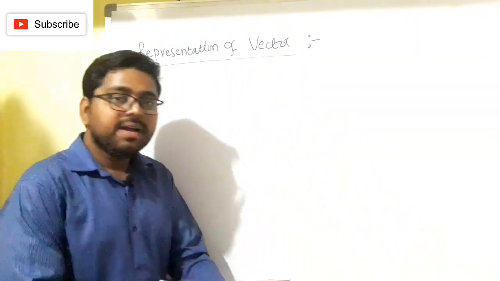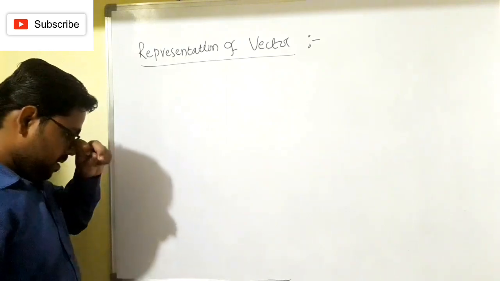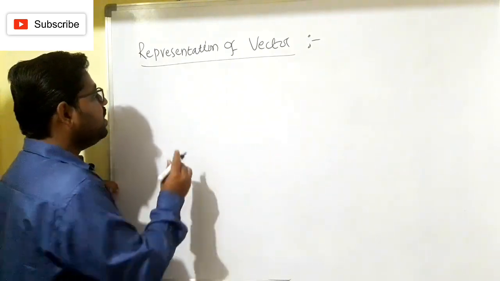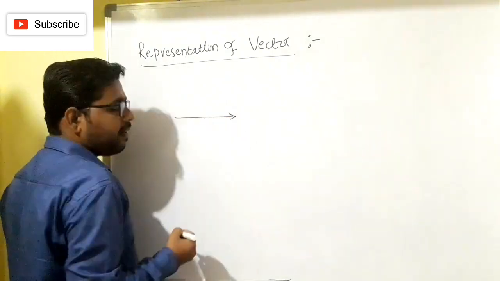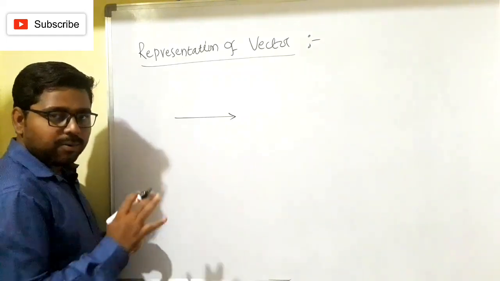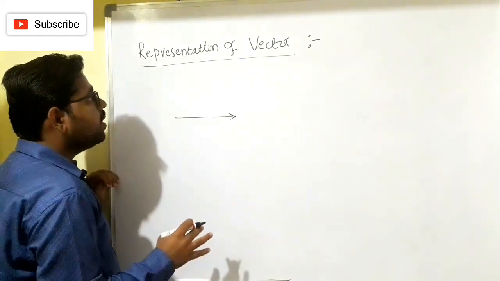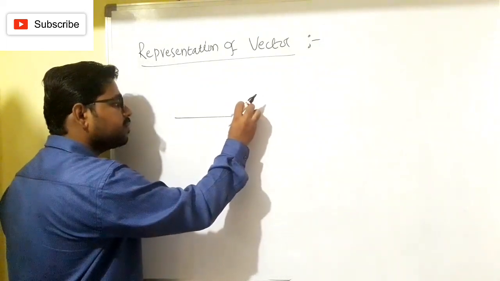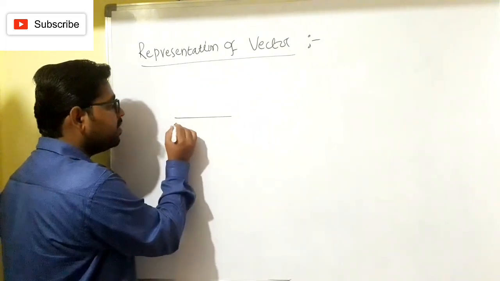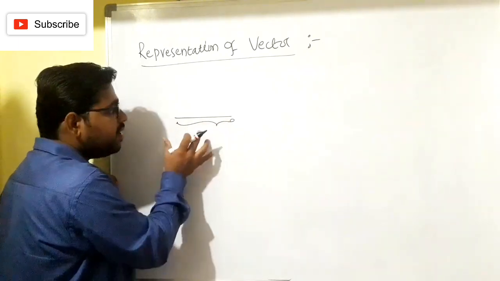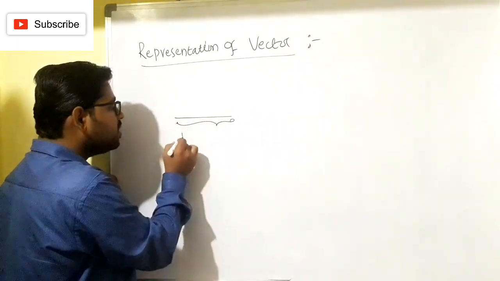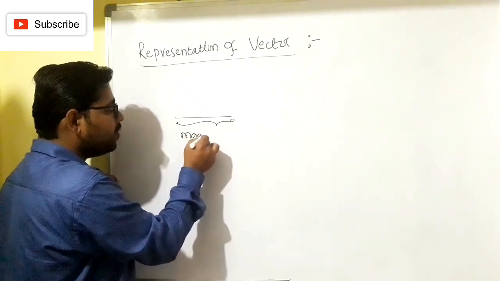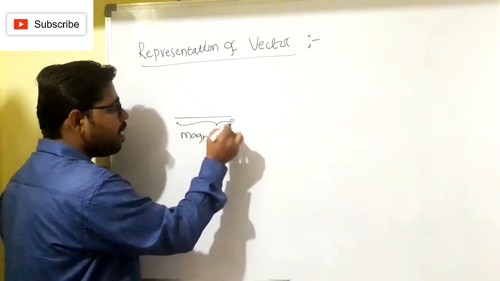Okay, representation of a vector. A vector is simply represented with an arrow. This length, if it is more, signifies magnitude.